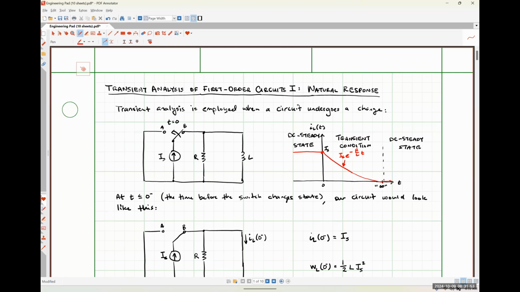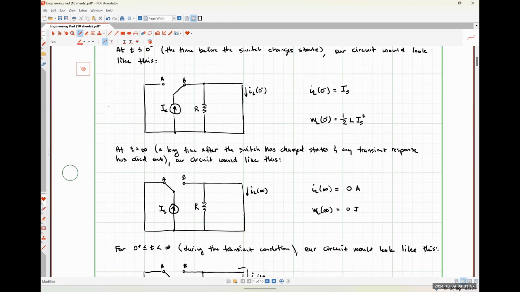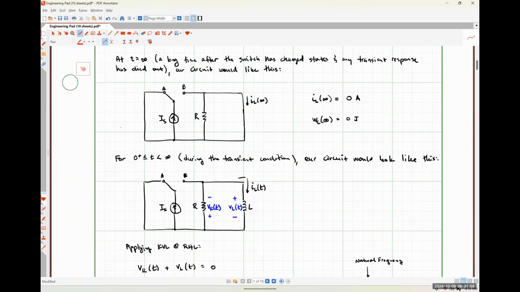Okay. So let's think about some things here really quickly, okay? When I'm looking at this circuit, now that I know what my inductor current is doing, I actually know what everything else is doing as well. So let me explain what I mean by that, okay?